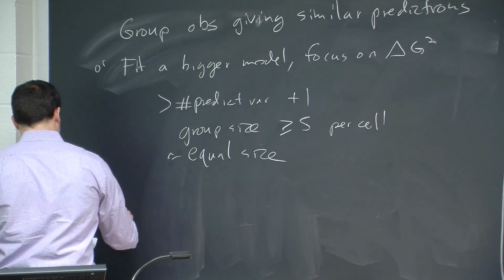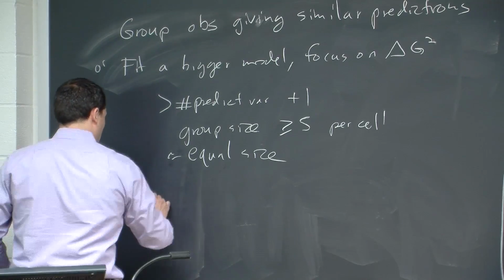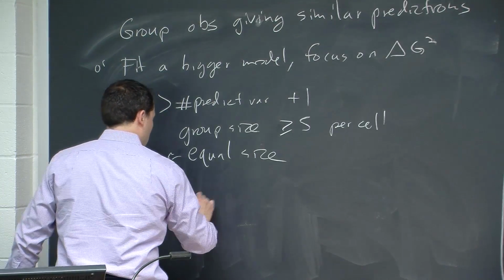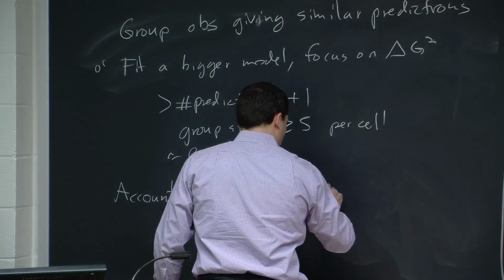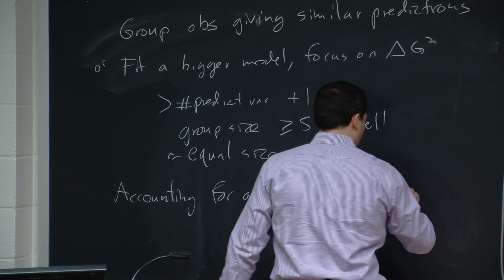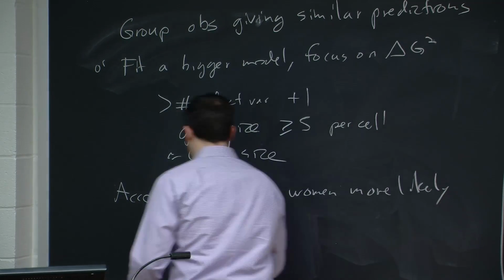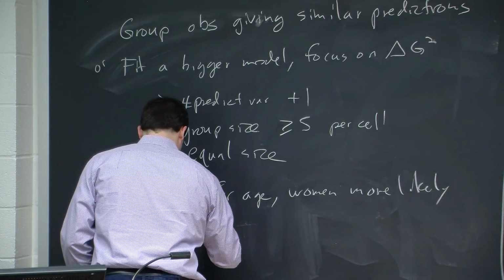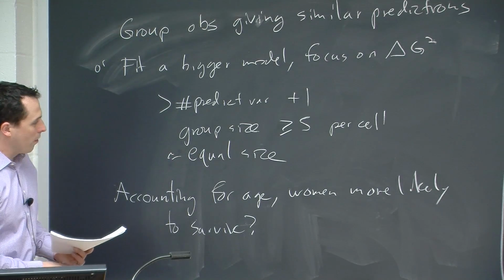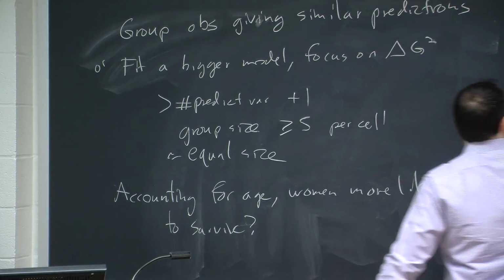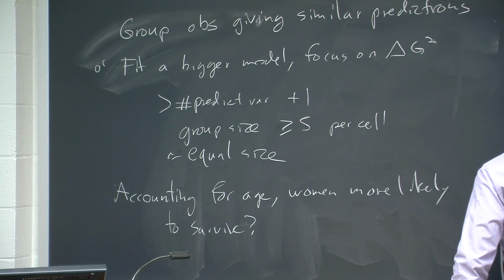So the next question we might ask is, accounting for age, are women more likely to survive? And so for this, we can do a comparison of models, and that still works okay.